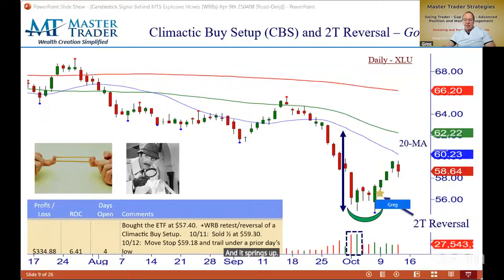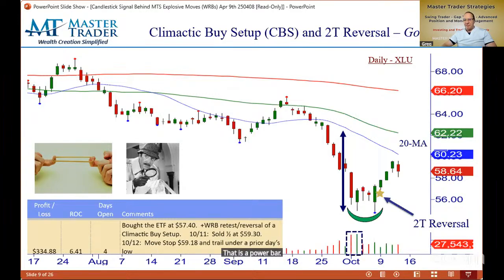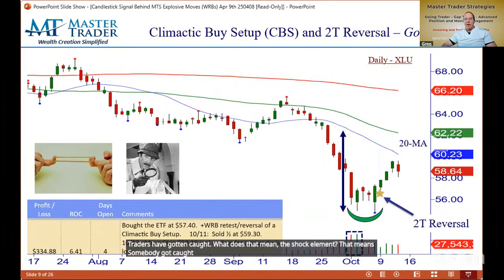It springs up, and it closes above the prior bar's high, and it's a big bar. That is a power bar because it has a shock element to it. Traders have gotten caught. What does that mean? A shock element means somebody got caught on the wrong side of a trade.